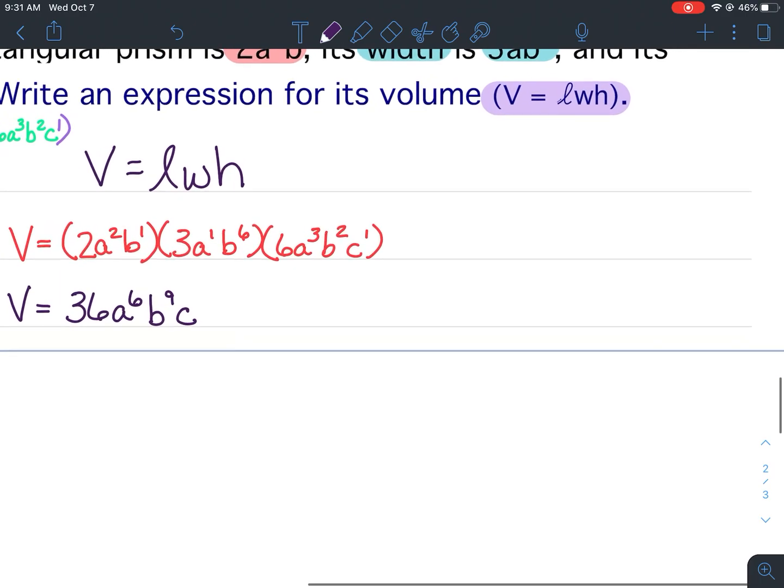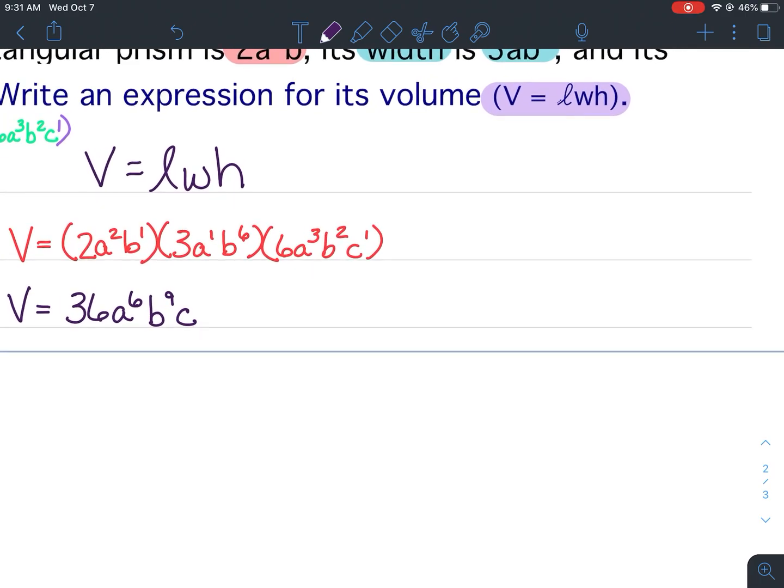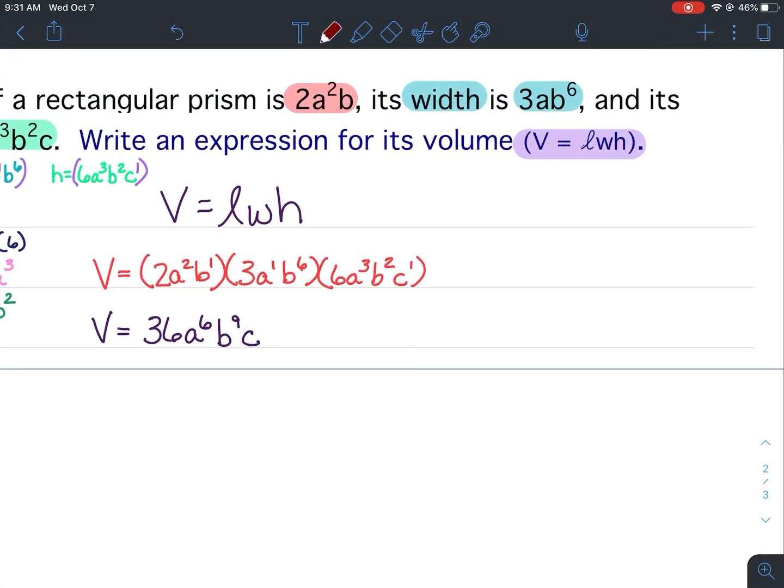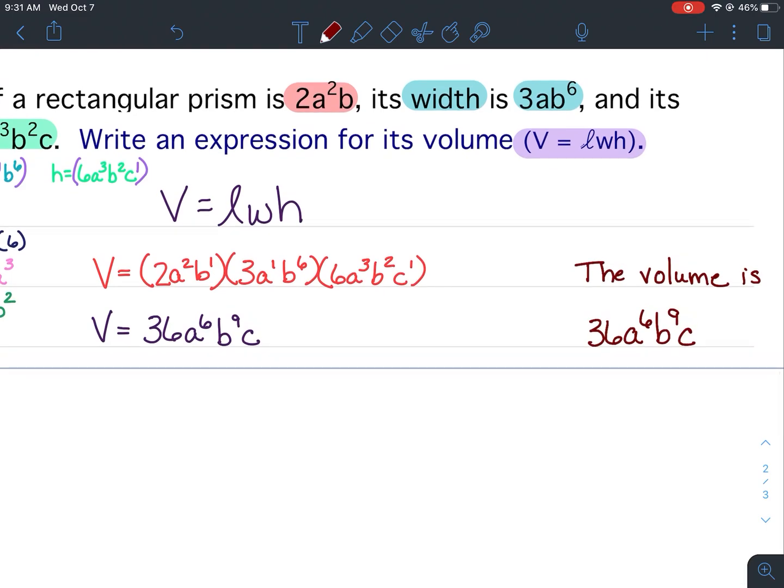So our final answer to this problem will be: the volume is 36 a to the 6th, b to the 9th, c, and then we don't know the units, so we're going to put units cubed.